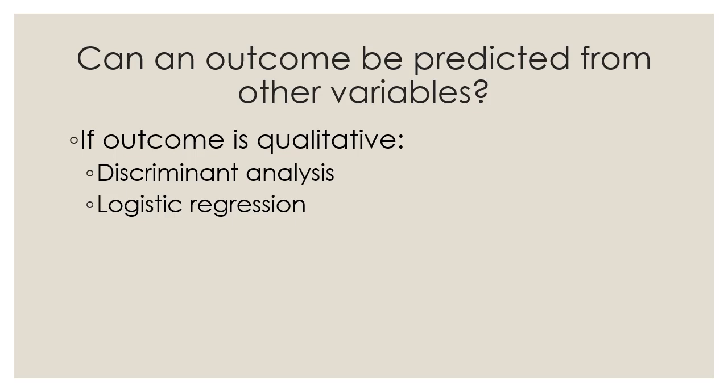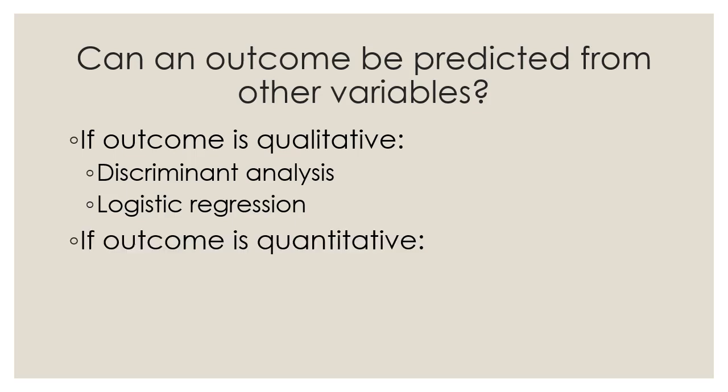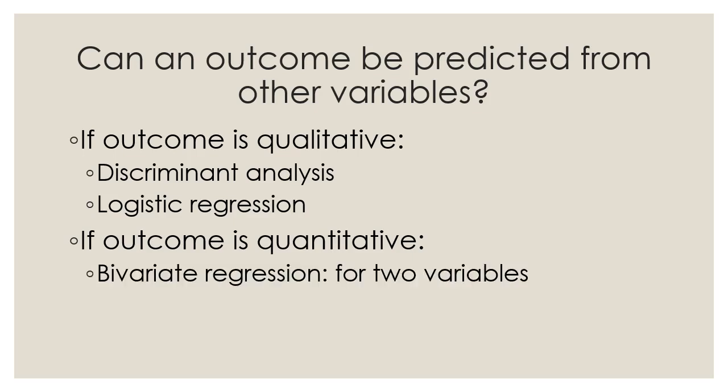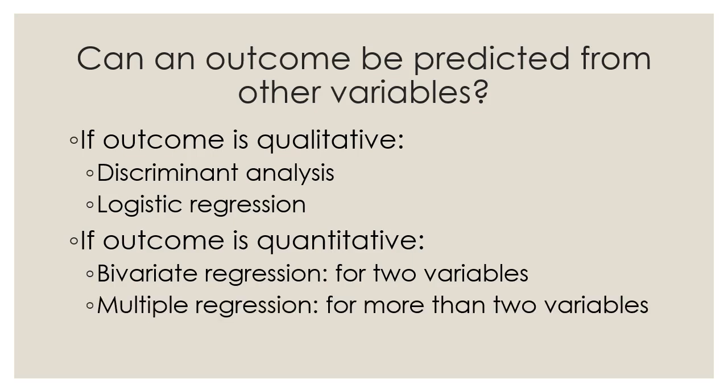So if you have an outcome in your proposal that is like that, you can say that you're going to use a logistic regression. Now, if your outcome is quantitative, then it depends on how many variables we're talking about. If we're talking only about two variables, you can use a bivariate regression, or it can just be called a linear regression. Or if you have more than two variables, then we can say that you're using a multiple linear regression.